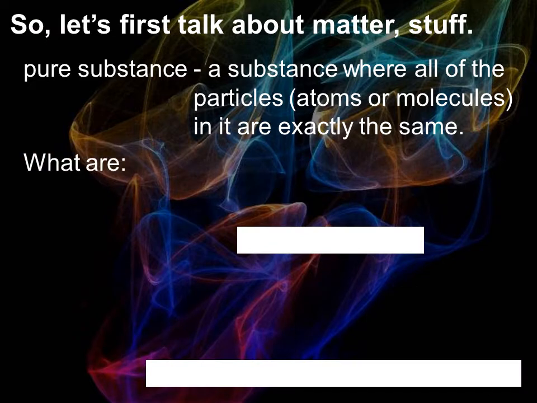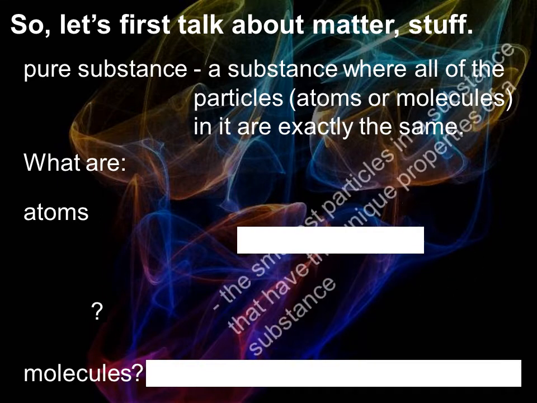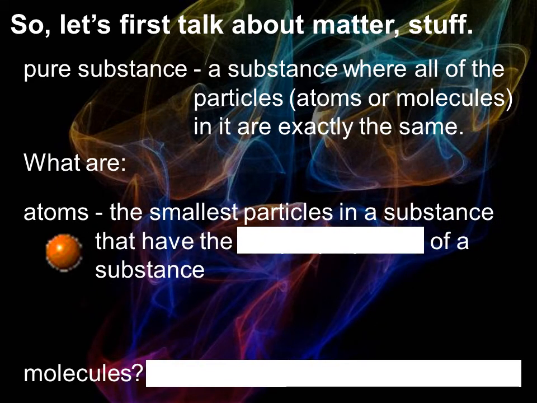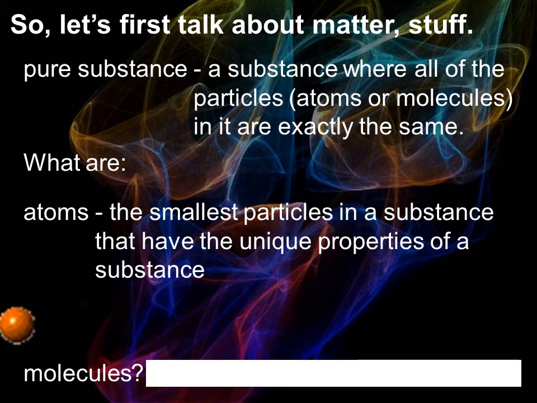So, what's an atom? What's a molecule? It's really easy to say atoms are the smallest particles in a substance, but that's not really true, because you could break an atom up into smaller pieces. What they are, though, is the smallest particles in a substance that have all the properties of that substance.